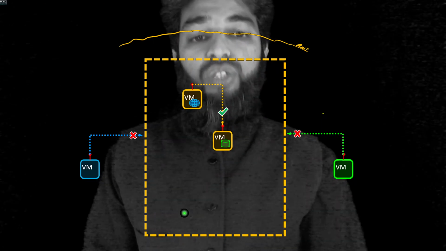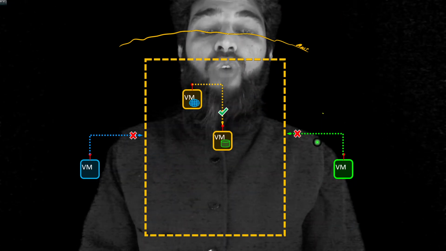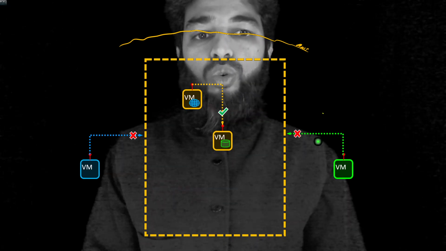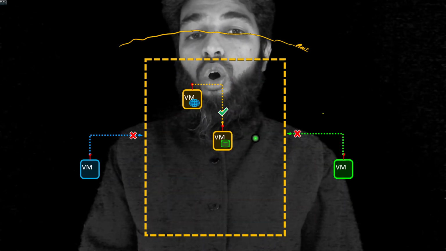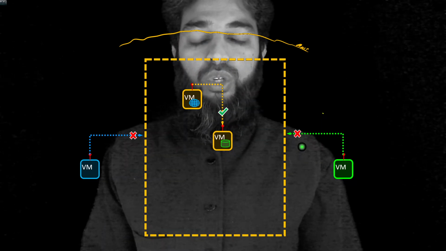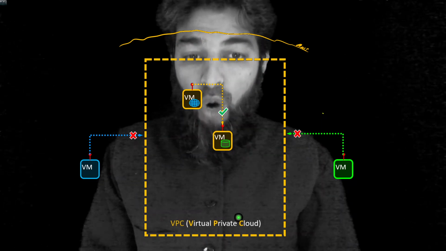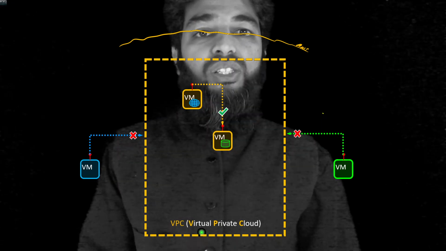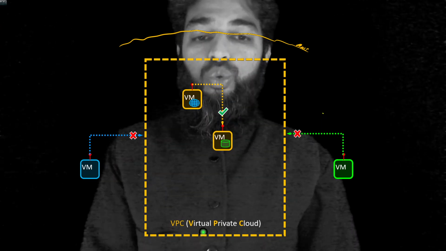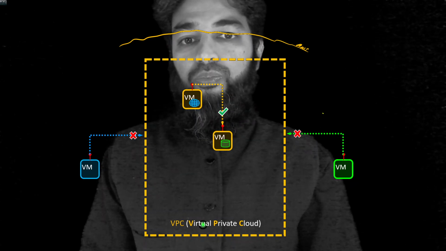This boundary, this fence that you have created, will provide a level of isolation, and will disallow the traffic from reaching your web server. This boundary that you can create in AWS is called a VPC, Virtual Private Cloud.